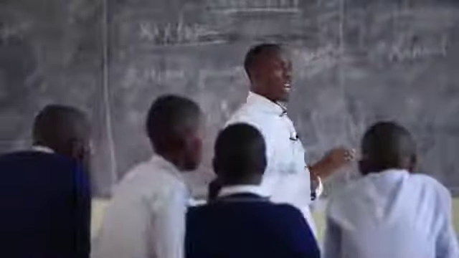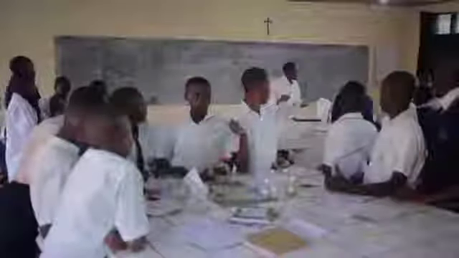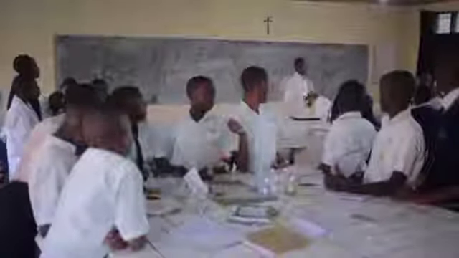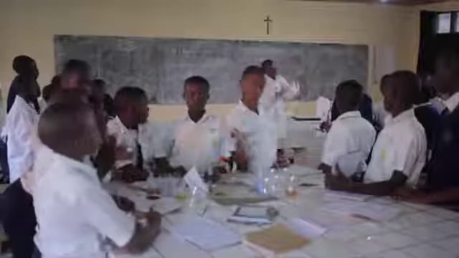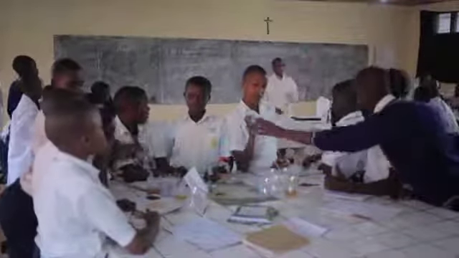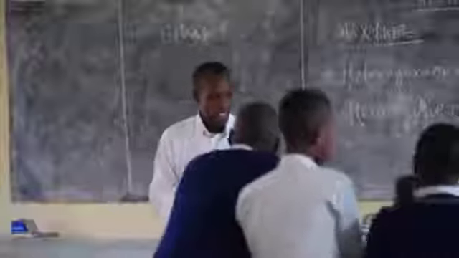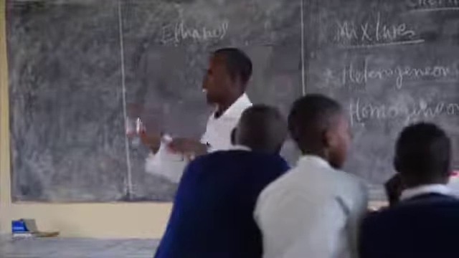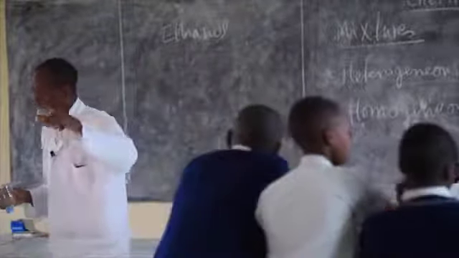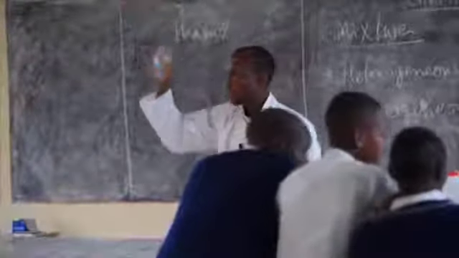Our oil is expensive, we are not going to reject it. We have to use it. Using this simple device, which has a hole, how are you going to separate? In your groups, try to separate oil and water using this simple instrument.